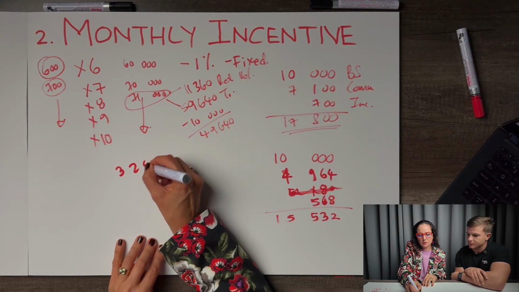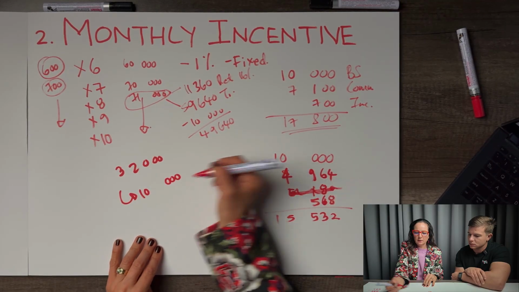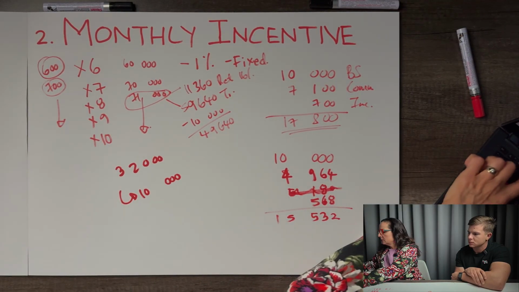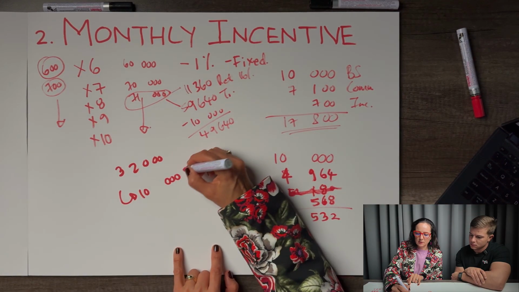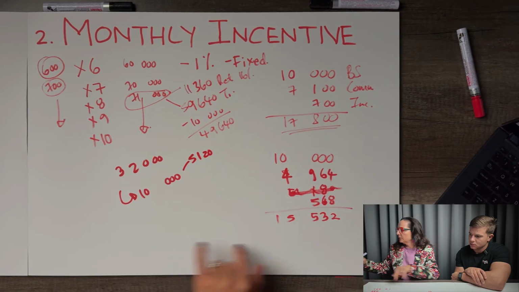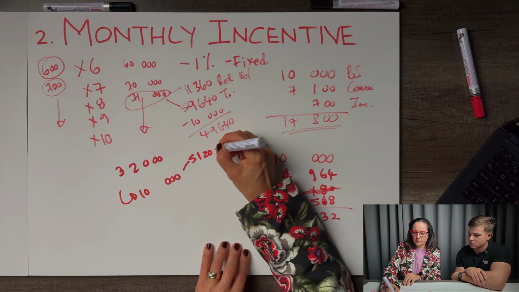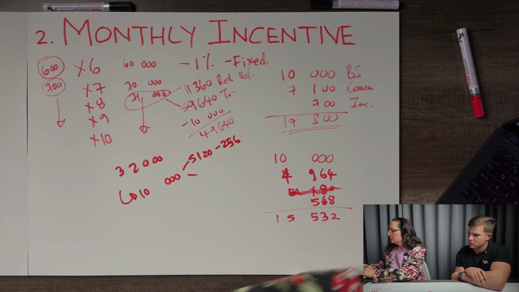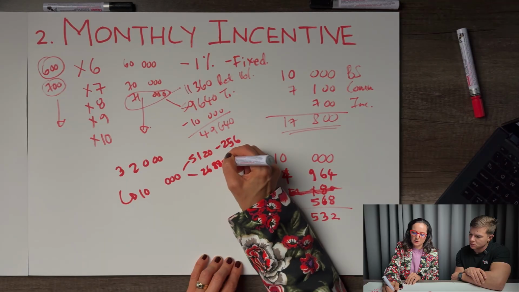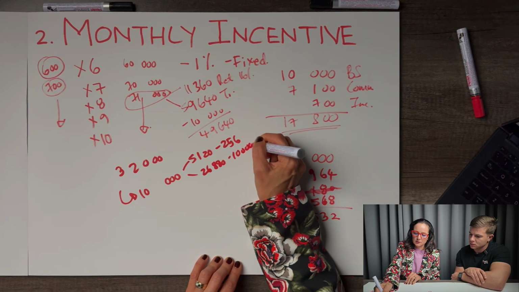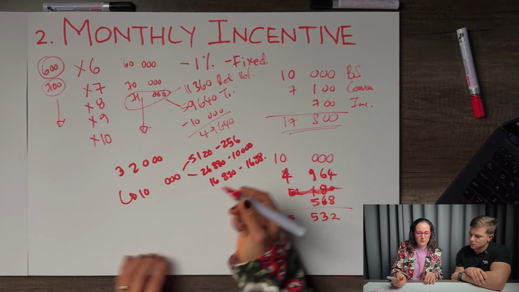Okay, so 32,000. Then on your structure, it'll be 10K. We quickly work out 16% of that. So she would then do retail 5,120, and her 5% on that is 256, and then the difference is 26,880 minus the 10, so she gets commission on 16,880, so that's 1,688, correct?